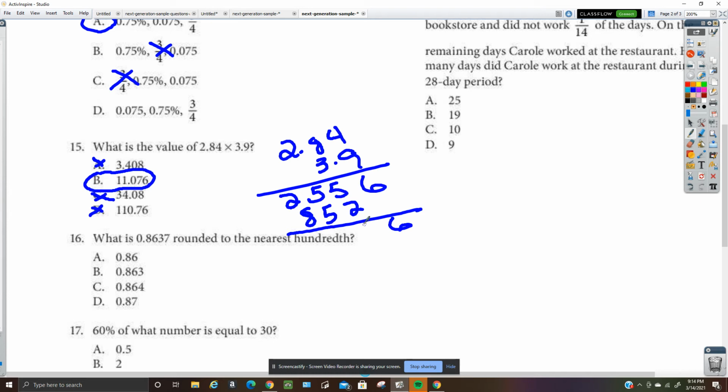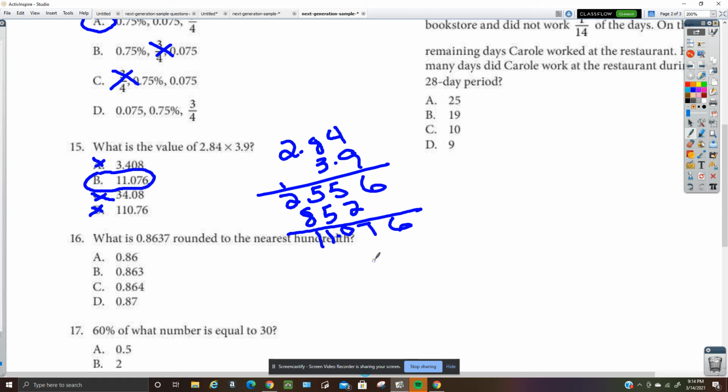And add these 6, 7, 10, carry 1, 11, and then the 3 decimal places, 11.067. So this is the distractor here if you put the decimal in the wrong place. But like originally, if you just do 3 times 4, you get 12. So this number is a little bit less than 3, and 4 is a little bit greater than that. So the answer is going to be around 12, and that's the only one that's around 12.